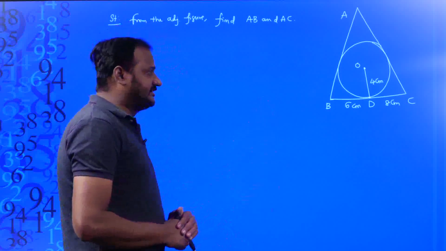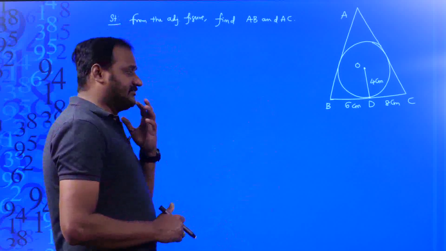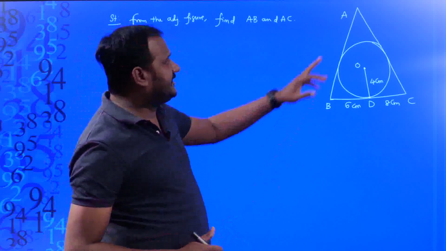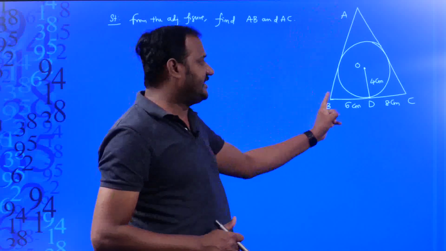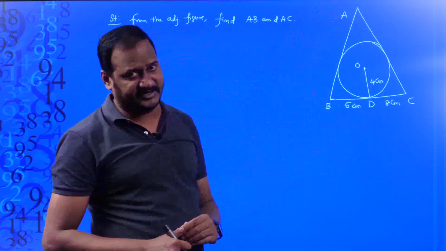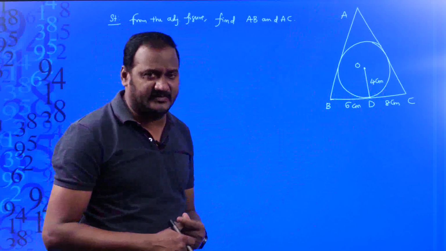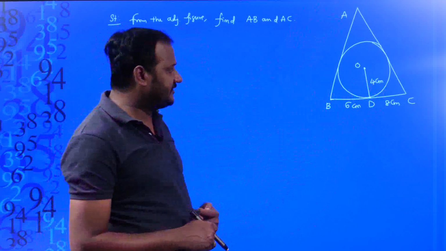Once you observe this particular figure, there are 3 external points: A is one external point, and B and C. Since these are external points, the tangents drawn from an external point of a circle are equal. You are aware of that.